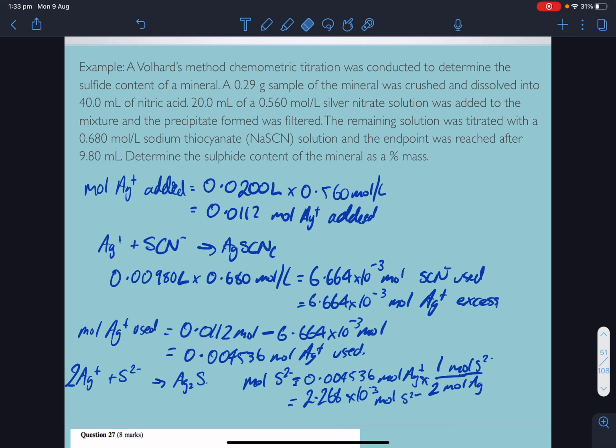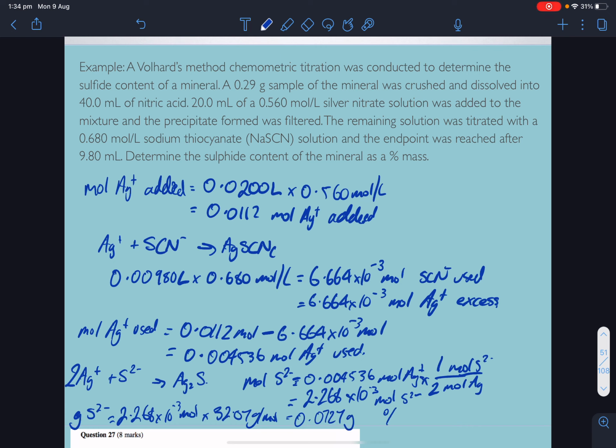We need a percentage mass, so we need that as grams of sulfide. So grams of sulfide equals 2.268 times 10 to the negative 3 moles times 32.07 grams per mole, just the molar mass of sulfur. That's 0.0727 grams.